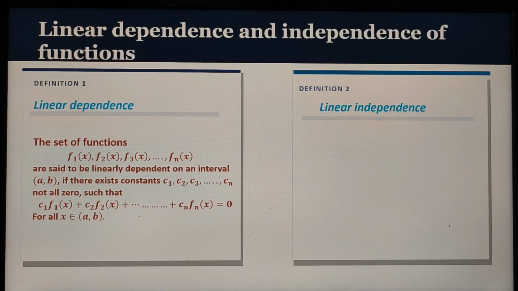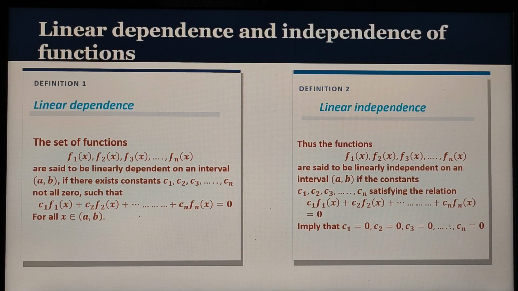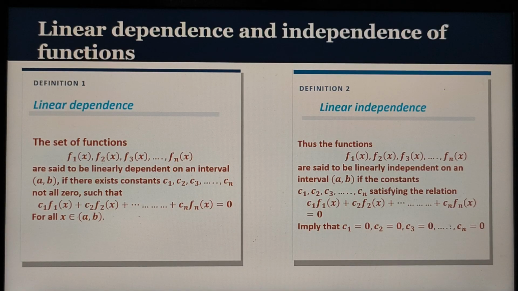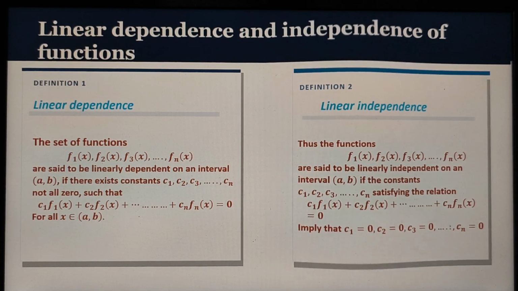The set of functions f1, f2, f3, ..., fn is said to be linearly dependent on an interval (a, b) if there exist constants c1, c2, c3, ..., cn, not all 0, such that c1f1 + c2f2 + ... + cnfn = 0 for all x belonging to (a, b). When c1, c2, c3, ..., cn are all 0, we say that the functions f1(x), f2(x), f3(x), ..., fn(x) are linearly independent.